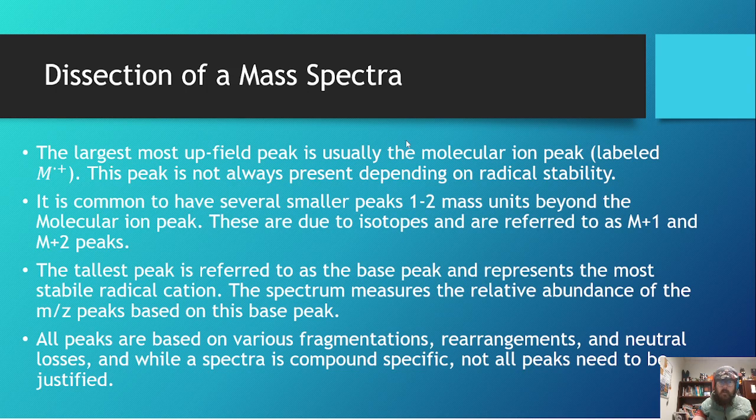So one of the things we'll see, the largest, most upfield peak is usually the molecular ion peak. It may not always be present, but it's usually there. One of the key things here is it's common to have several small peaks, 1 to 2 mass units beyond that. This is due to isotopes. You gotta remember that unlike most other techniques, we are looking at things on the atomic level.